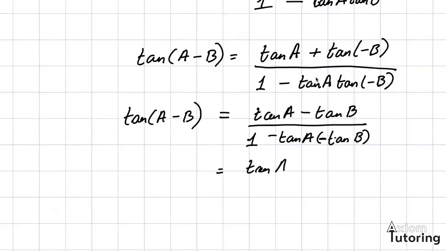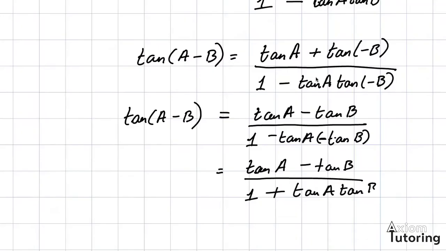So we get tan A minus tan B over 1 plus tan A tan B. And so that's the last formula that we're going to jot down in this video.